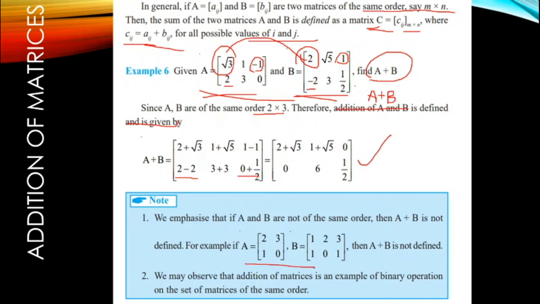If it's not the same, then you can write that A plus B is not defined. Is it clear? So note that when you add two matrices, the order should be the same. Fine, we'll move on.